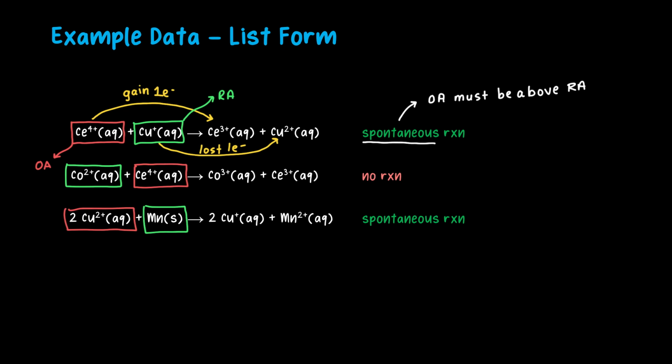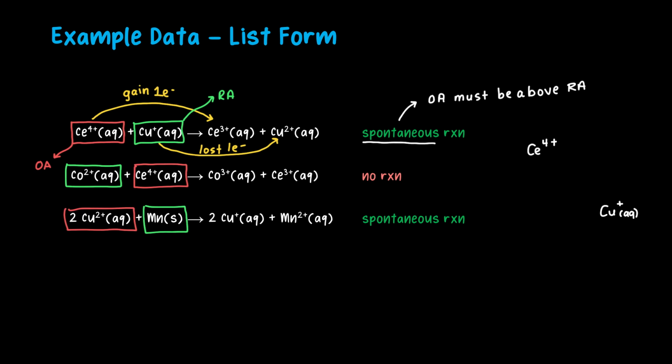So we're going to go through each of these reactions. For the first reaction, we know that Ce4+ is higher on the table than Cu+. And so we could start to build this table out by just listing Ce4+, and then somewhere down below on the opposite side of the table will be Cu+, because Cu+ again is the reducing agent.